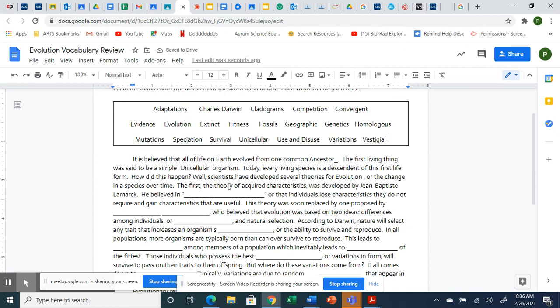All right. The theory of acquired characteristics was developed by Jean Baptiste Lamarck.